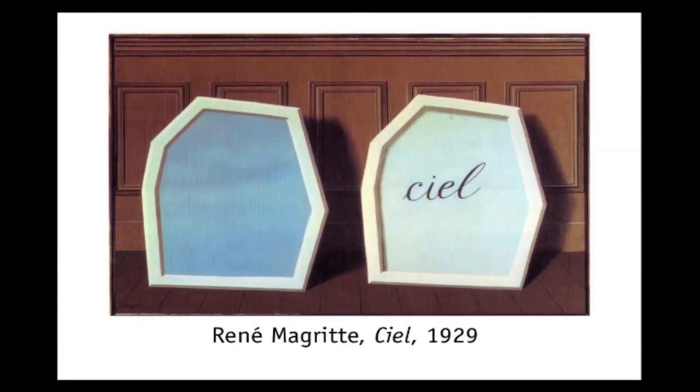So when you stand in front of this Magritte painting, you're supposed to pay attention to the fact that by twitching your eyes, you can actually make the word ciel, which means sky, travel into this other field. So the word actually appears within that painting.